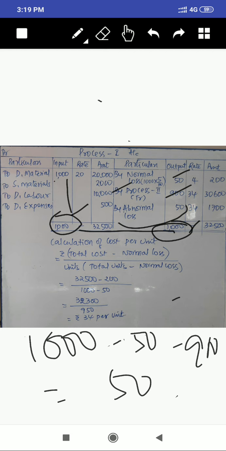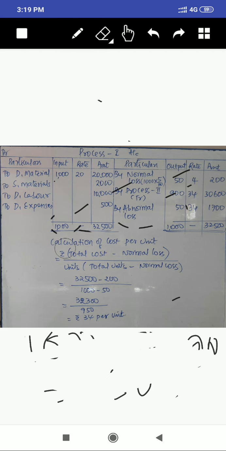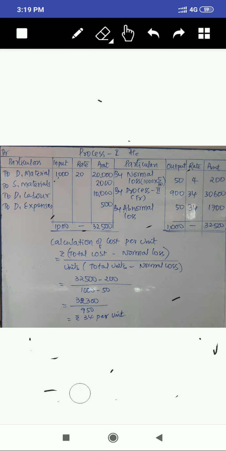Then how is the cost computed now? Cost is computed by using the equation below the account; I have given it in the format also. If you see here, the equation is total cost minus normal loss divided by total units minus normal loss units. What is total cost? This column total. Add all these items: 32,500.